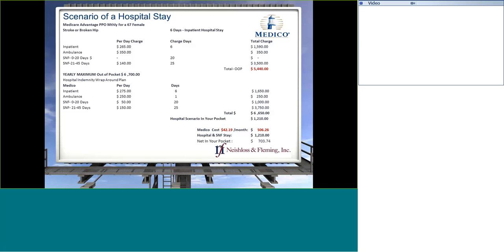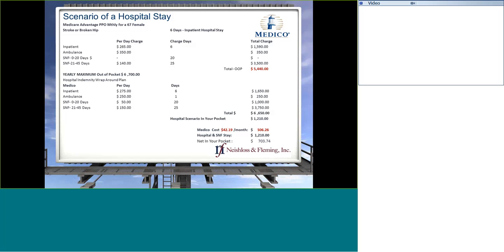So let's take a look at if this consumer had that hospital indemnity plan, that wrap style build of their plan, as an example of why someone would enroll in that type of product. So if they had that plan with $275 per day for 6 days, that would pay out just over $1,600.